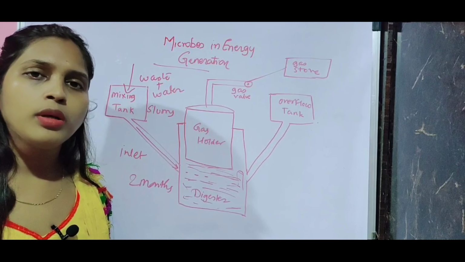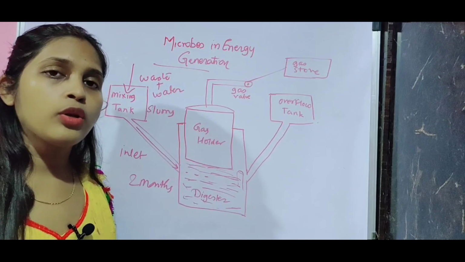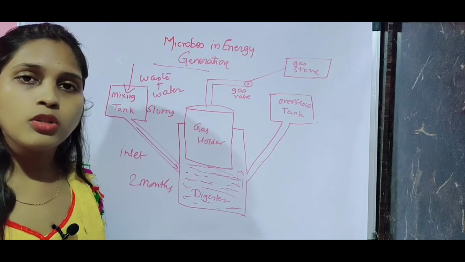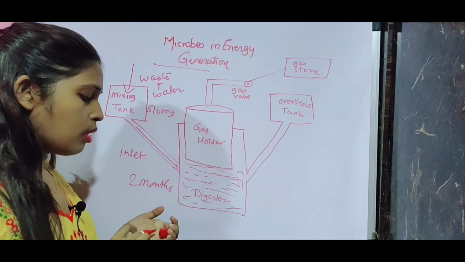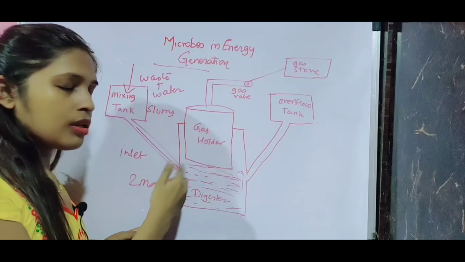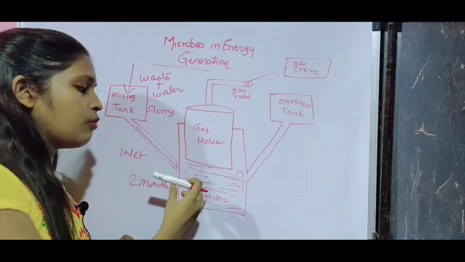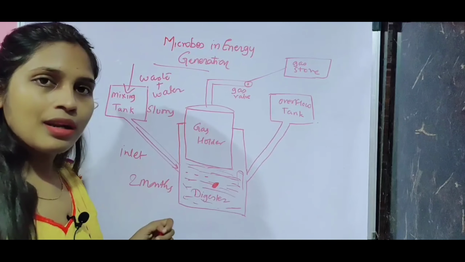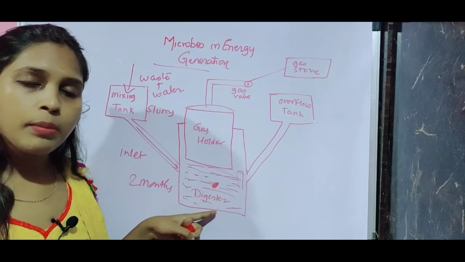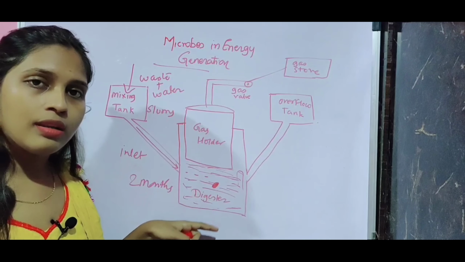For these 2 months there is no human activity happening anywhere. Now what is going to happen in these 2 months? The microbial fermentation will start happening here, and there will be growth of anaerobic bacteria, and these anaerobic bacteria will start consuming the organic matter available inside this slurry.